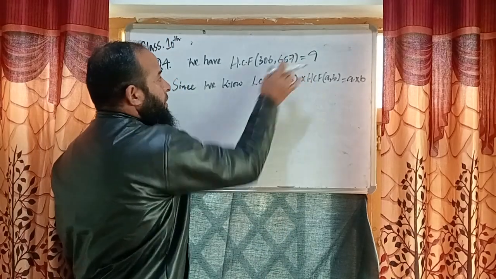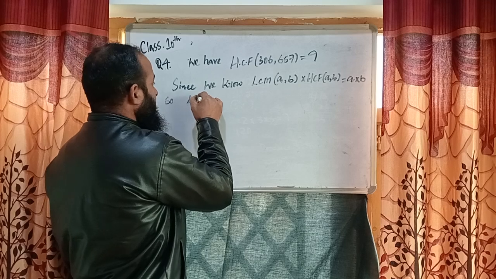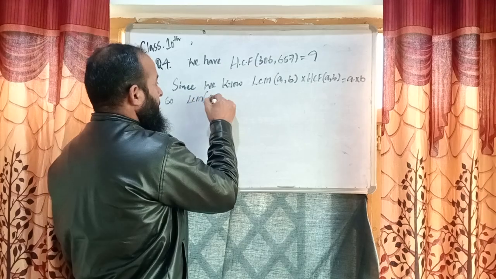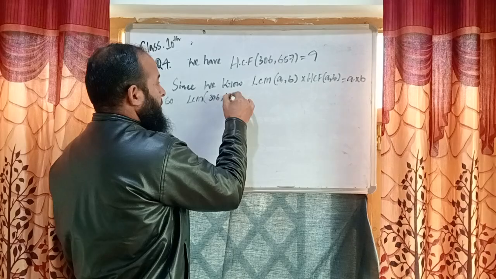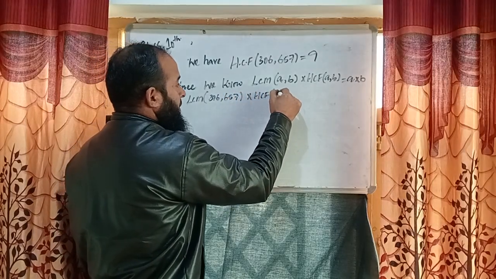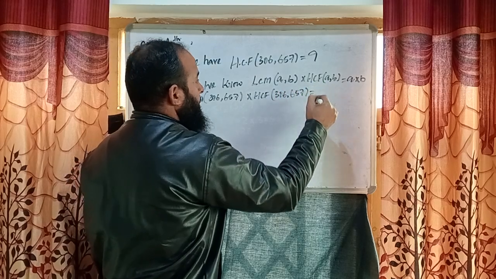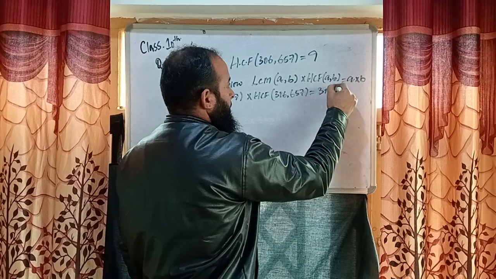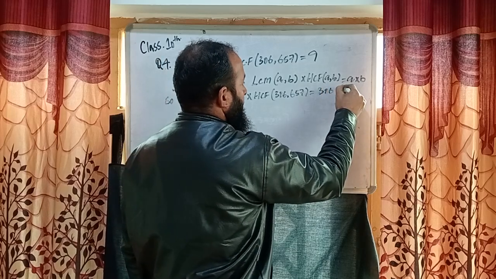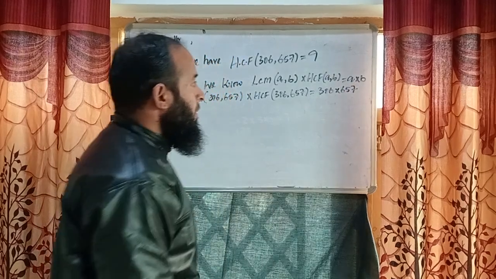So we can use it here. So LCM of 306, 657 into HCF of 306, 657 is equal to 306 into 657.